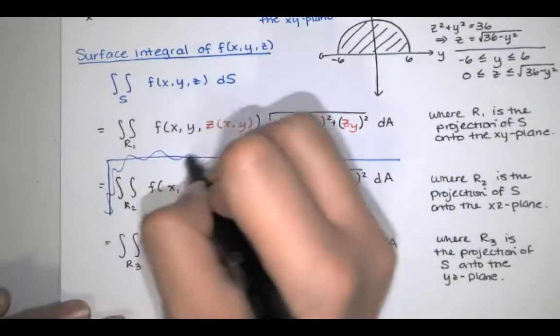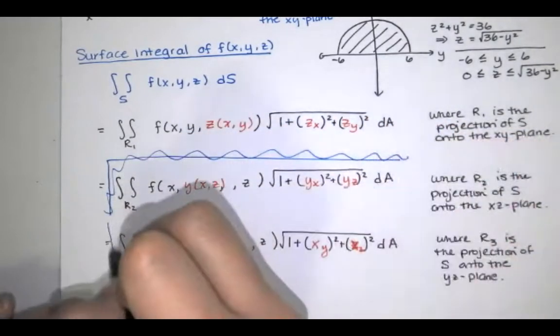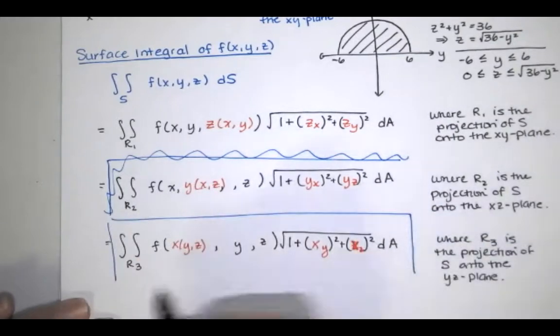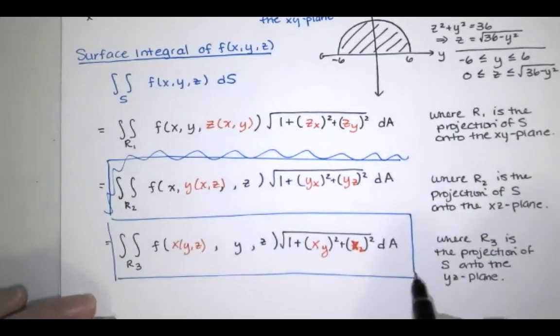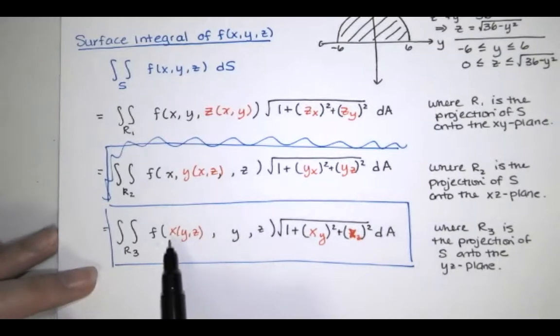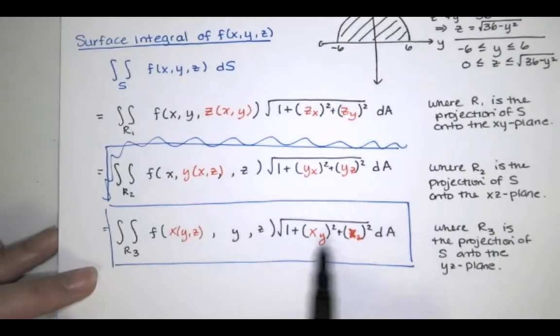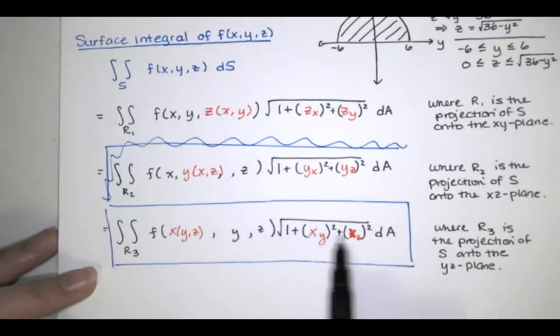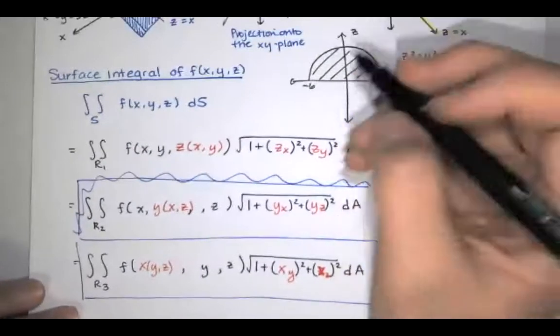Oops, just kidding. We're going to choose the third one because I want to project onto the YZ plane, not the XY plane. So that's my plan. I'm going to write the integrand in terms of y and z only. Then I'm thinking of x as a function of y and z. So this will be my surface area piece. And my region R3 is actually that region right there.